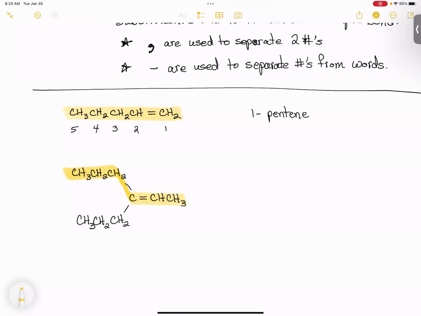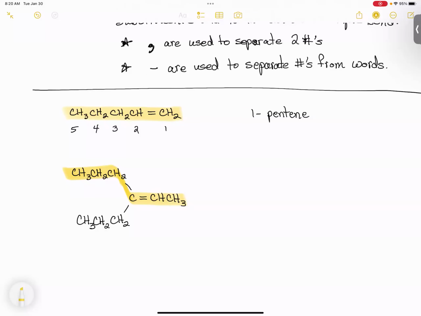So here's the difference. Before, when you were dealing with alkanes, we would have gone 1, 2, 3, 4, 5, 6, 7, because that was the longest chain. But now we're talking about an alkene.